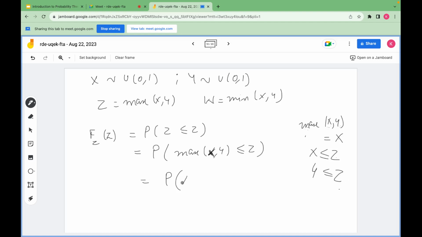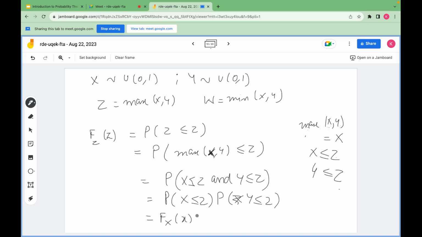So it is nothing but probability that x is less than or equal to z and y is less than or equal to z. Now these two are independent, so this probability will become the product, probability of x into probability of y.